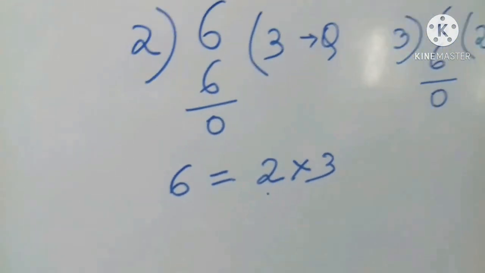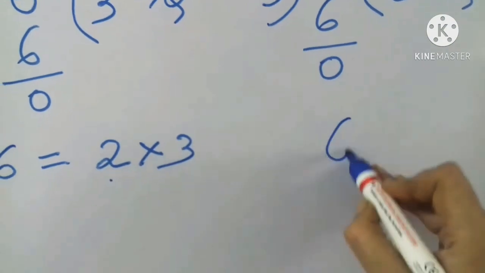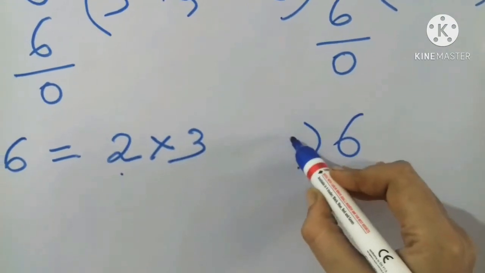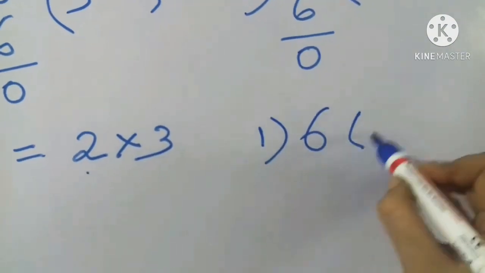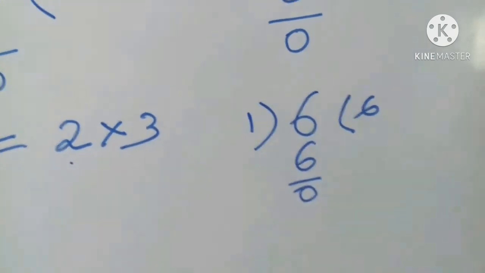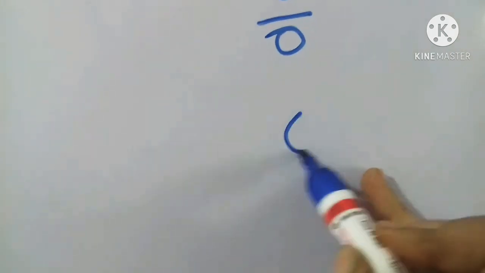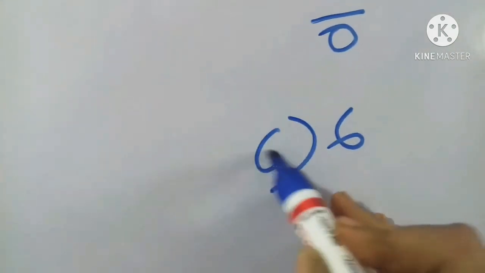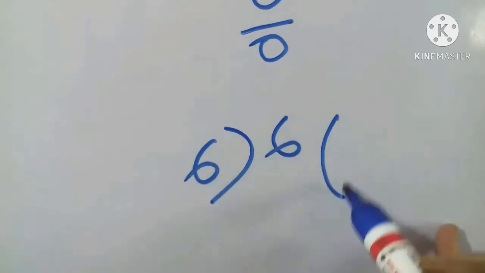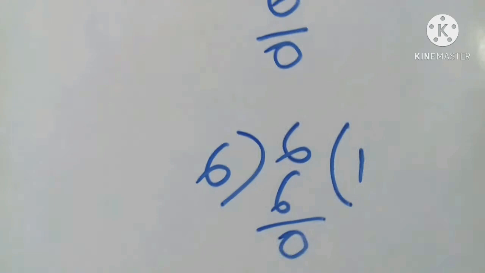But we know that there is another way I can divide 6, that is with 1. 6 1s are 6, and the remainder will also be 0. And another way is to divide 6 by 6 itself, then 6 1s are 6, and the remainder will also be 0.